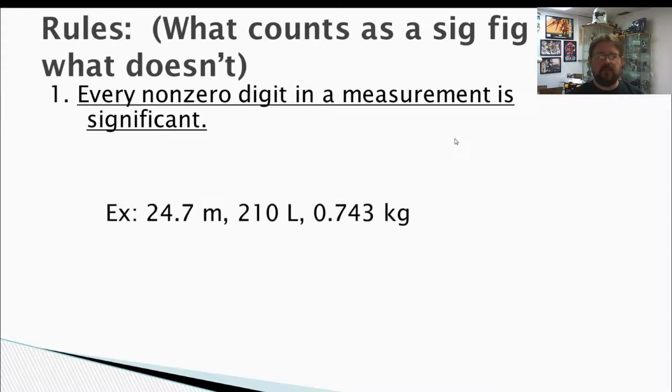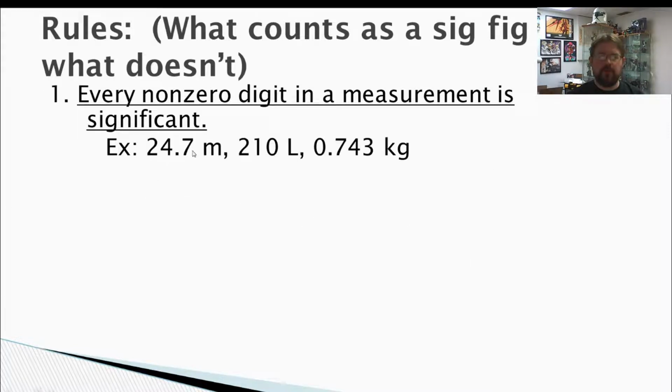Let's look at some examples. 24.7 meters, 210 liters, and 0.743 kilograms. In our first measurement, 2, 4, 7, we've got 3 digits. Based on rule 1, how many of them are significant?